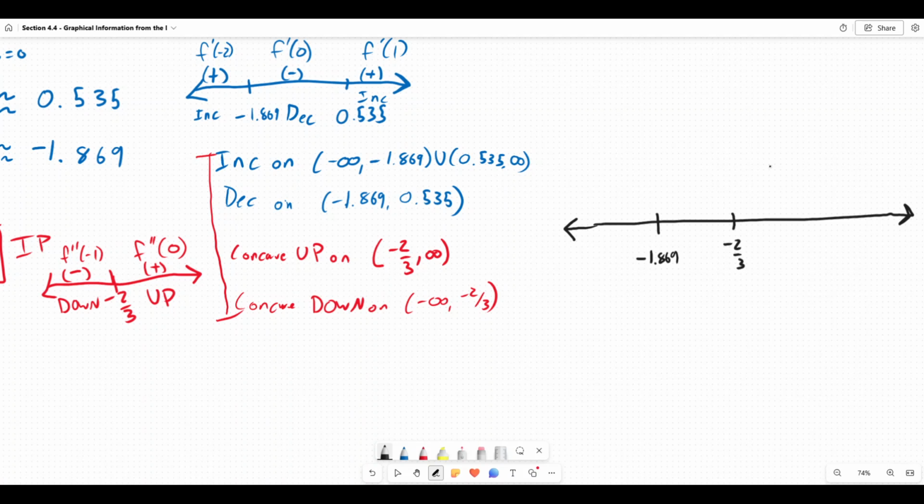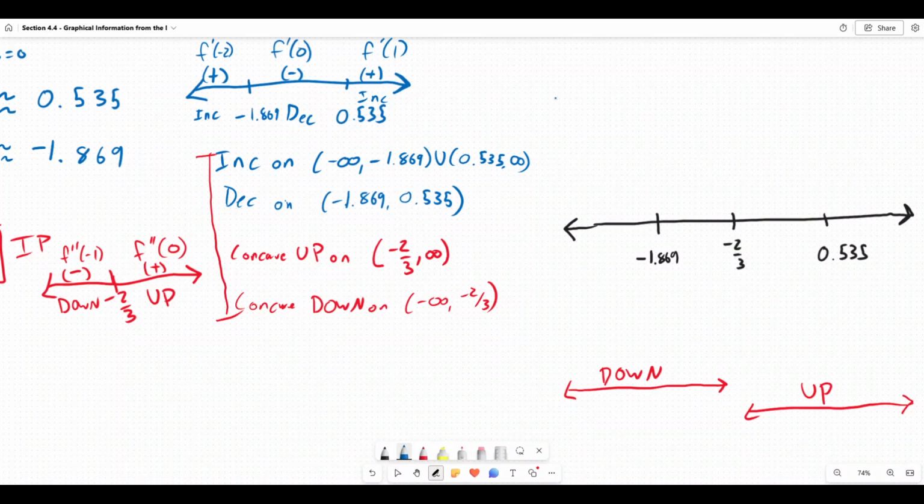We're going to put all our critical points and all our inflection points on the same graph. And here's 0.535. Below, I'm going to write the results of my concavity. Remember, we were concave down from negative infinity to negative 2/3. And then we're going to be concave up from negative 2/3 to infinity.